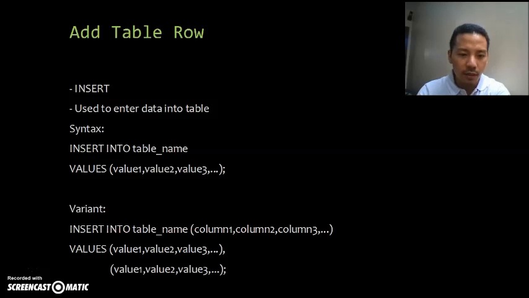Also, after the table name, there are columns enclosed in parentheses. These specify the columns that we are going to populate, since there are cases wherein columns don't need to be populated, so we won't need to have values for them.